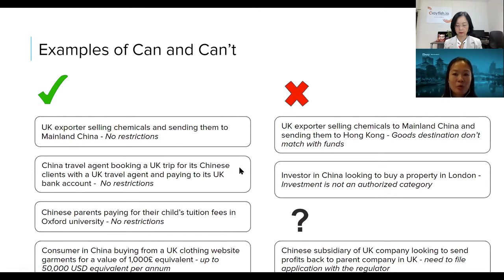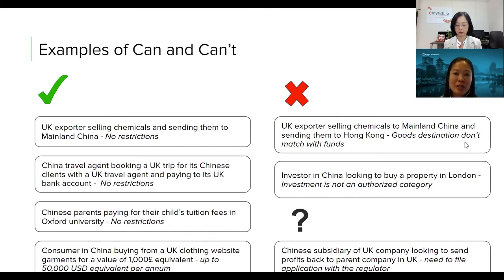The problem comes when, let's say, in my don'ts example, the UK exporter sells chemicals to mainland China, but actually sends them to Hong Kong and not to mainland China.